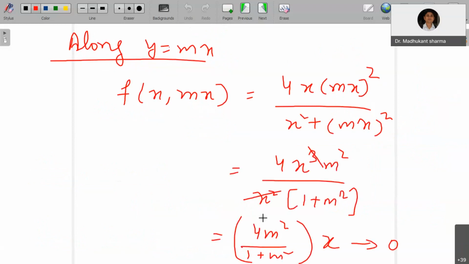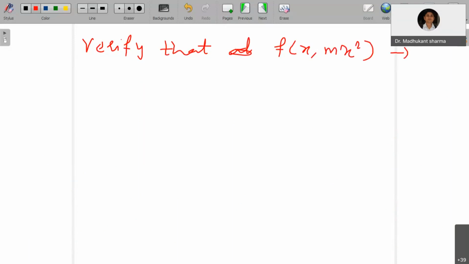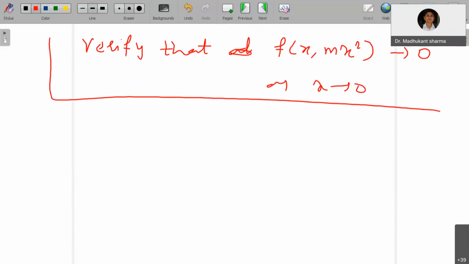I leave that to you to check: along that path, mx square will tend to 0 as x tends to 0. It's very easy, just substitution and then the single variable case.